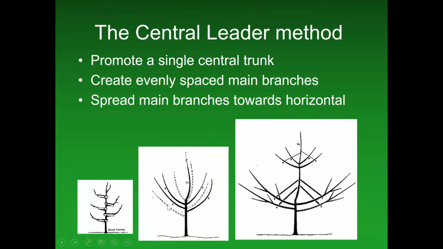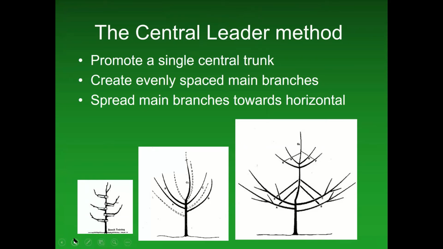Then as the plant grows, you're going to remove some of the branches that overlap one another, and again use spreaders to spread the tree out. Basically, the overall shape of the tree is pyramidal, almost Christmas tree-like, with the canopy there. That's your goal.